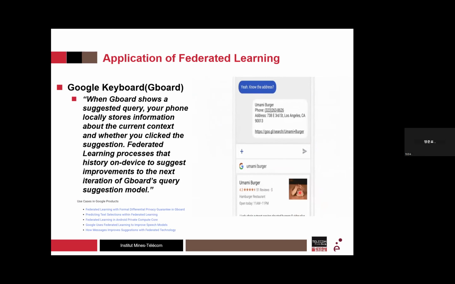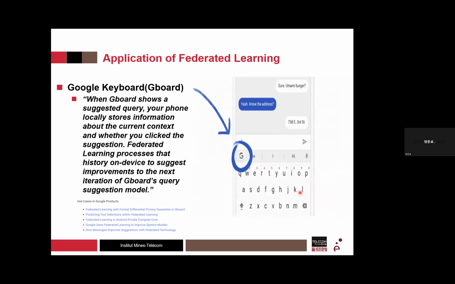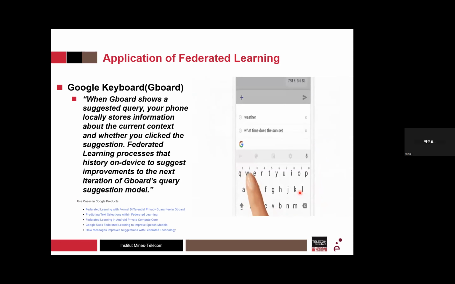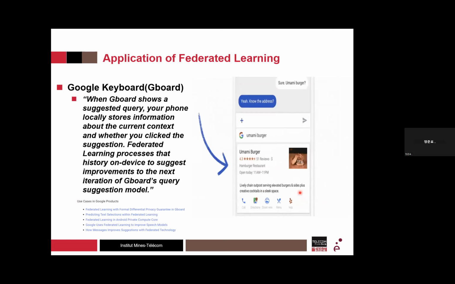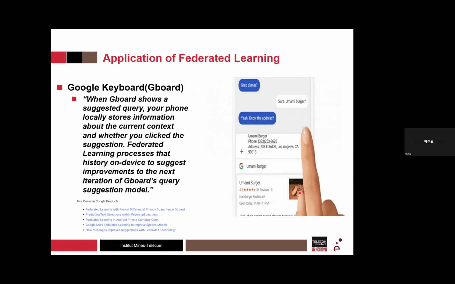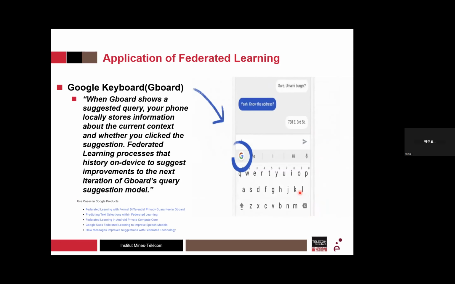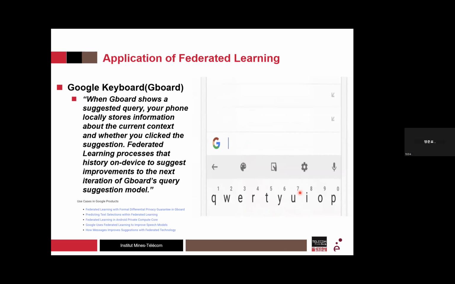Information about the current context and whether you click the suggestion. The federated learning process keeps that history on device to suggest improvements to the next iteration of Gboard's query suggestion model.